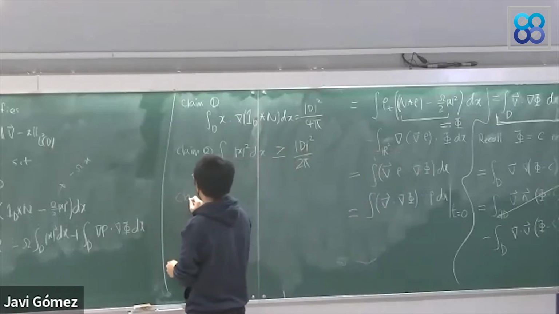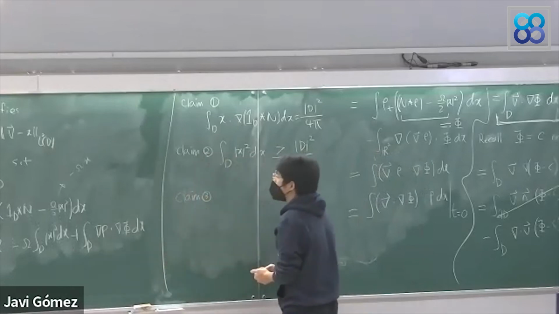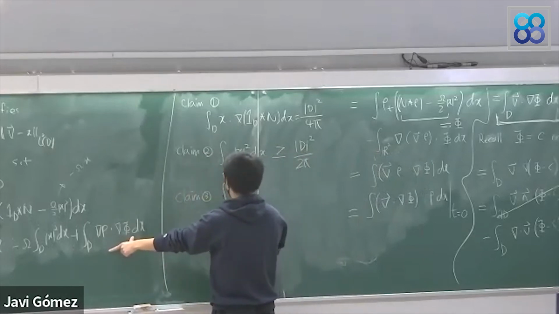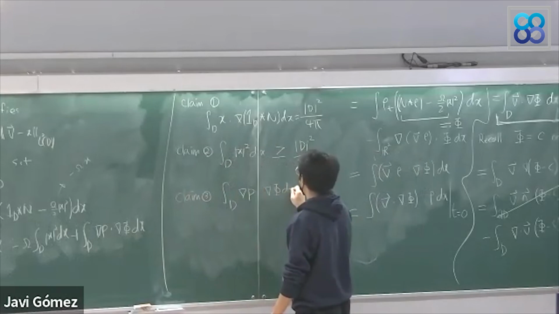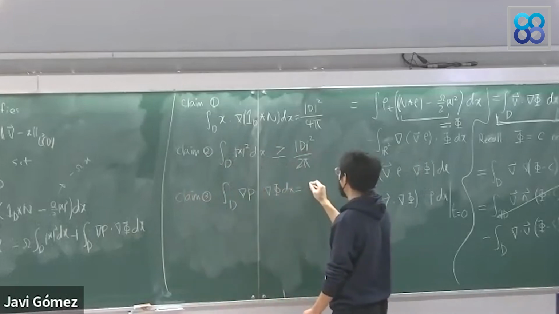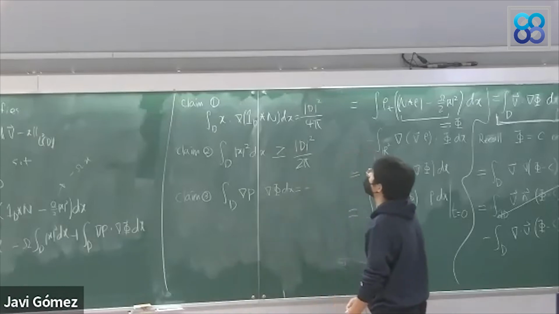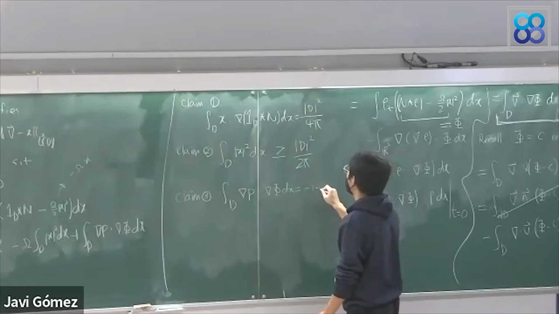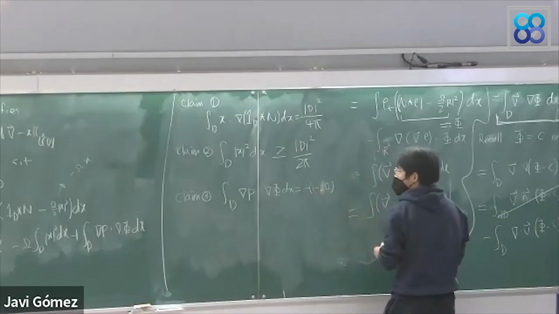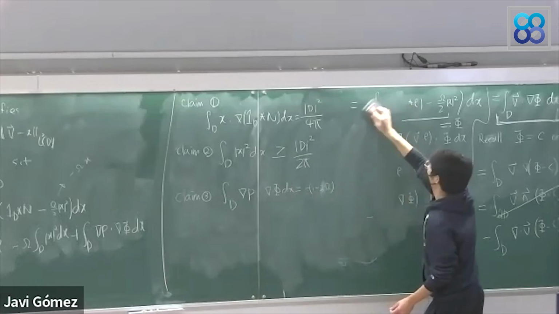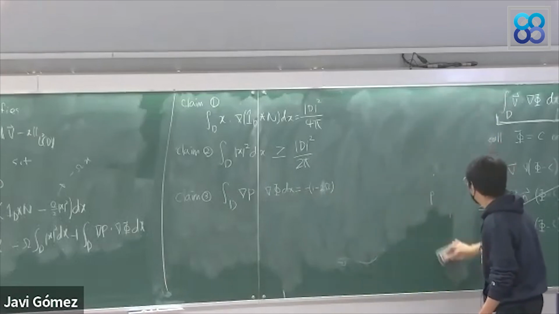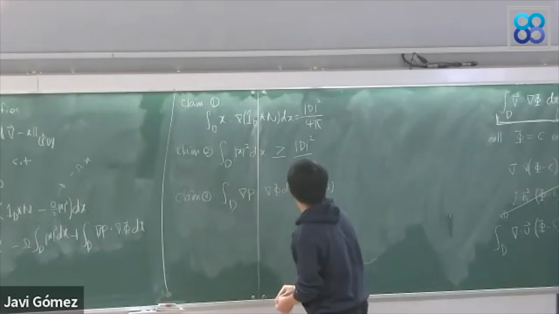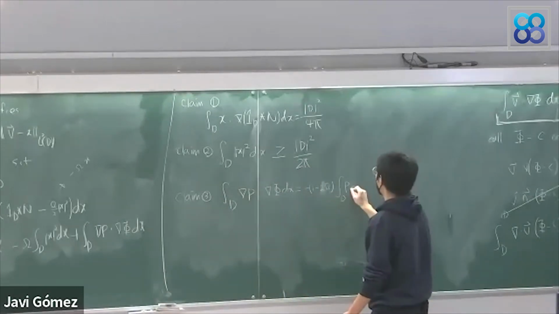And then claim 3 is about this term: P times gravity X is equal to negative 1 minus 2 omega times the integral of p dx.